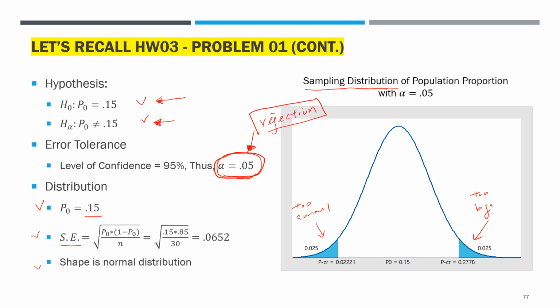Because this is your average, 15%. Let's say in the first draw, your sample average was like 45%. It's highly unlikely that the average is 15%. Therefore, we reject the null based on this.